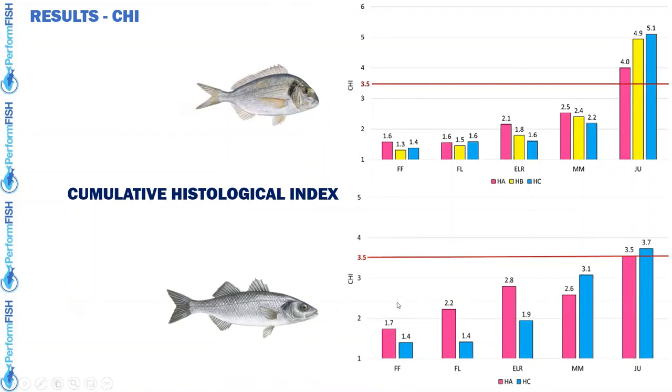As you can see, key values remained below the warning threshold in the first stage, with very small differences between hatcheries. This means that no serious pathological alterations were observed. And the alterations observed were biocompatible, of course, but this does not mean the total absence of injuries or alterations.